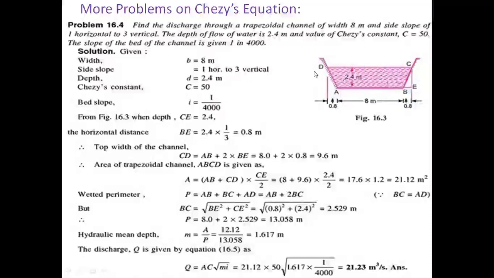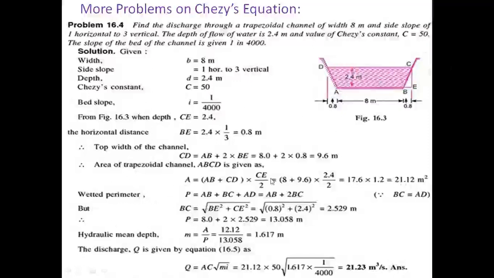So A equals (8 plus 9.6) into 2.4 by 2. This total value is 21.12 meter square. The area of the trapezoidal channel we finally get is 21.12 meter square.